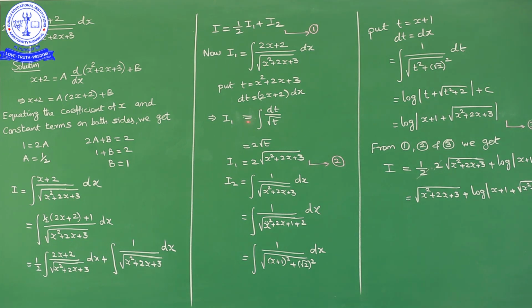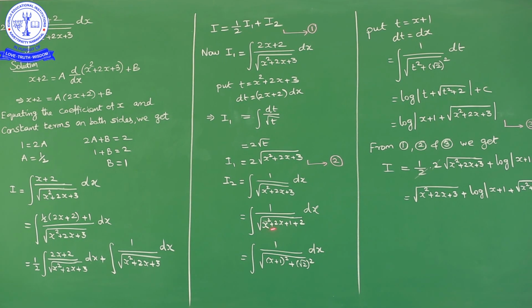Next, I2. What is I2? I2 is integral 1 upon square root of x square plus 2x plus 3 dx. Whenever you have something like integral 1 upon, meaning constant upon quadratic or constant upon square root of quadratic, you write the denominator part as a sum of squares or difference of squares. So x square plus 2x plus 3 I will write as x square plus 2x plus 1 plus 2.